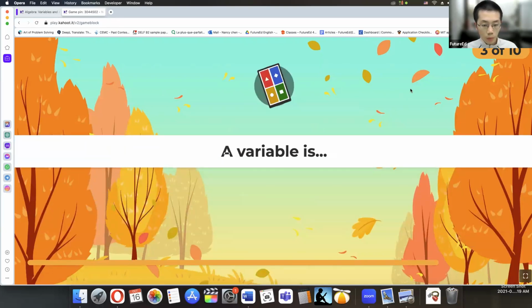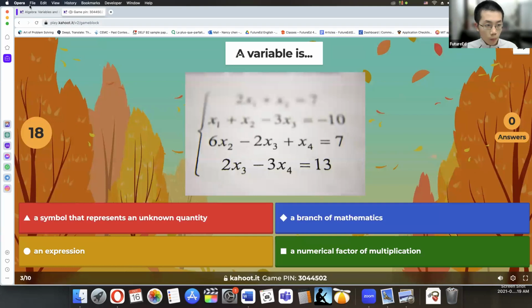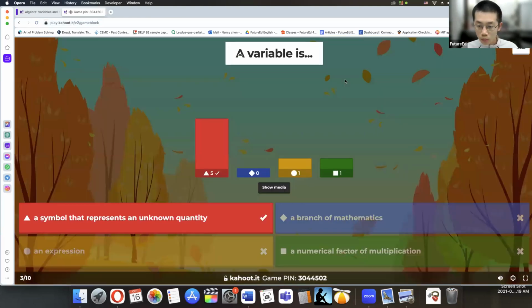What is a variable? Nice. So we see that a variable is a symbol. Remember, it can be X, it can be Y, it can be a cupcake, it can be a star. Most people like throwing in an X. It's a symbol that means something unknown, right?